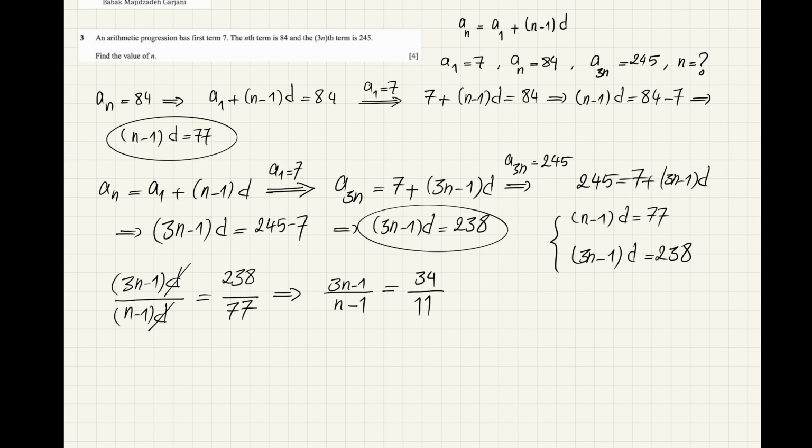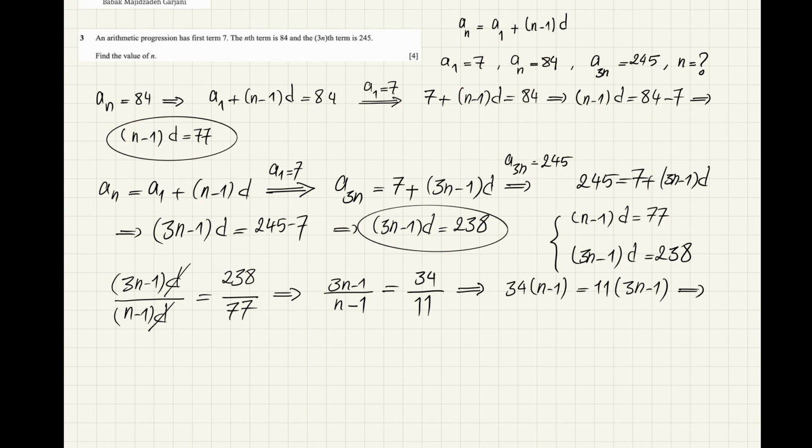If I want to solve this, I use the cross product rule. You can multiply this by that and equate it to the multiplication of these two numbers. So I get 34 times n minus 1 is equal to 11 times 3n minus 1.